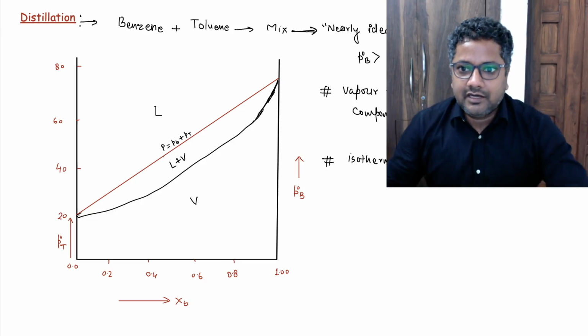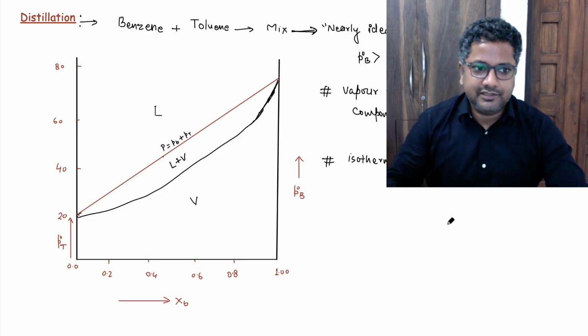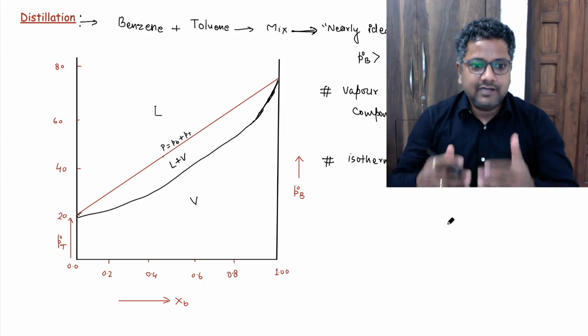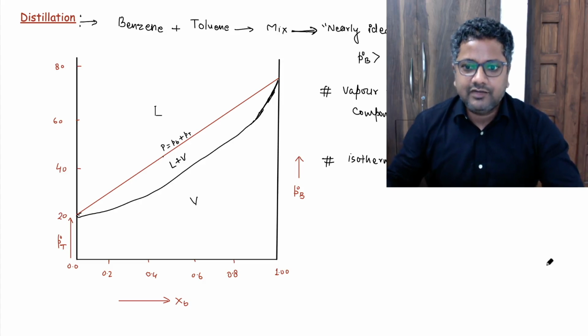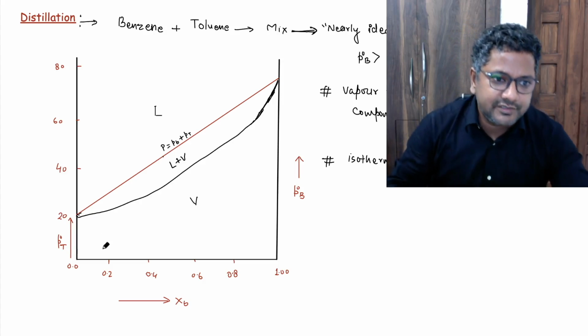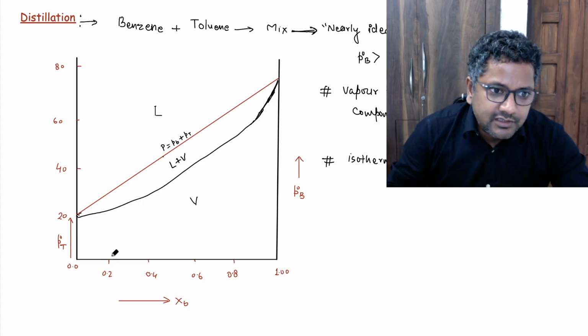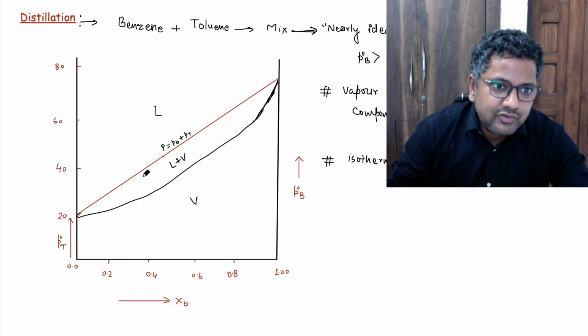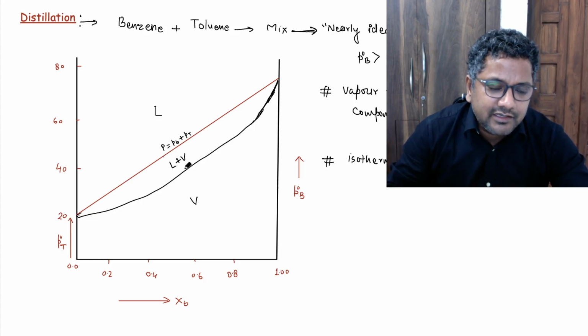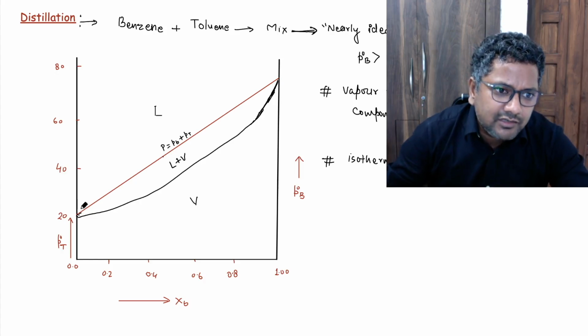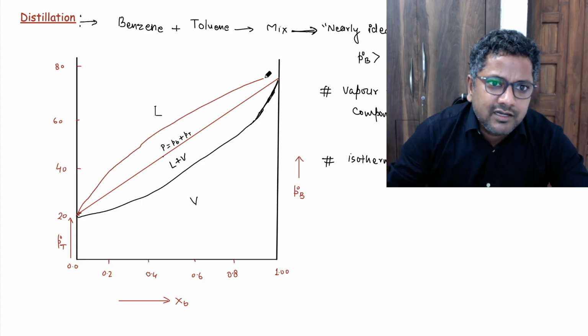Now see how to explain this distillation. I am taking some numerical values here so that you can very easily understand. First, this line is in contact with the liquid line, and this line is in contact with the vapor line, or you can also draw one hypothetical line like this.